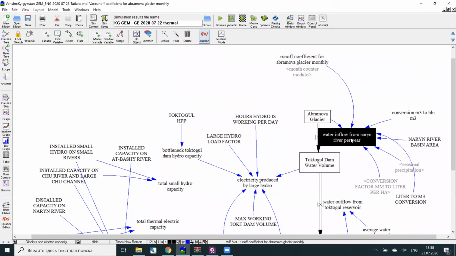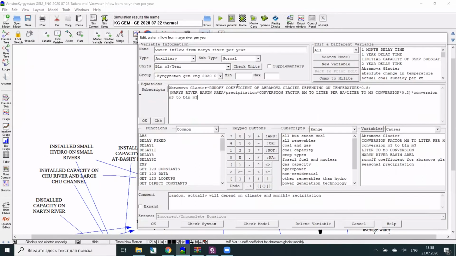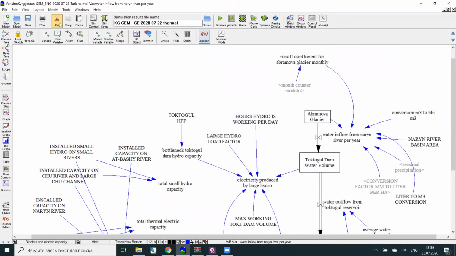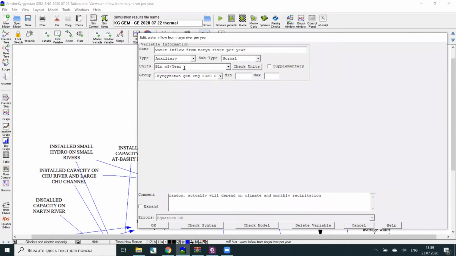And then we will have the part 80%. We have the glacier, we have the runoff coefficient per month, we have 20% of precipitation, and we have not precipitation but monthly precipitation now, seasonal precipitation, sorry. And we have not this one, but monthly. So not year, months.